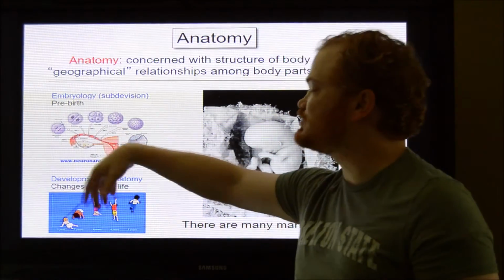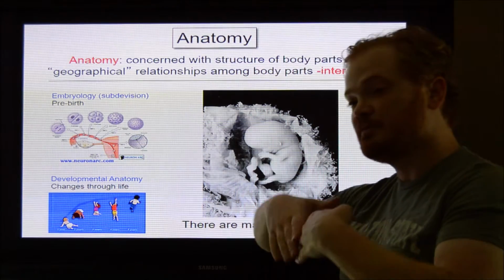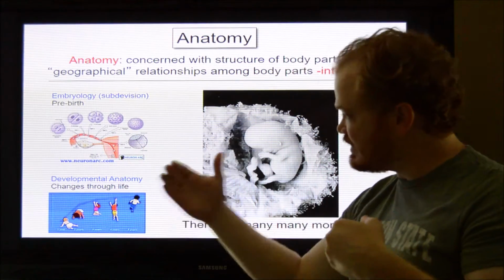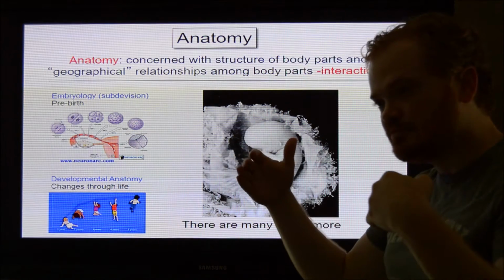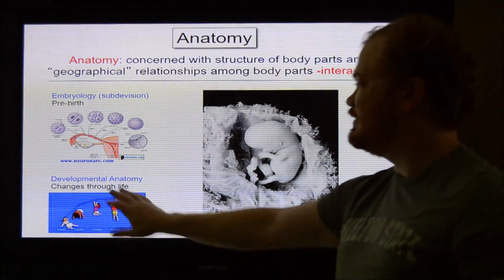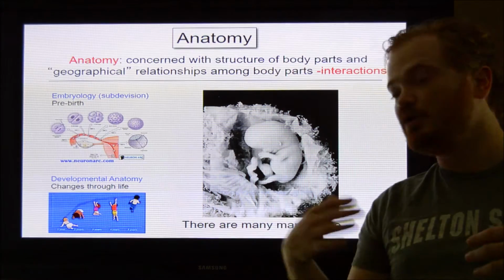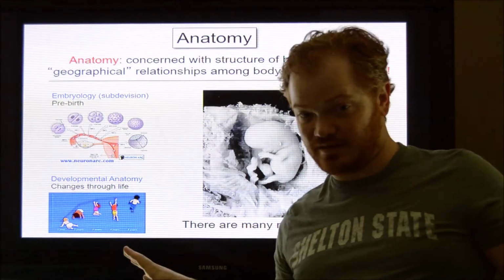So embryology would be looking at anatomical variations pre-birth, from fertilization to delivery, you might say, and developmental anatomy is how the body changes post-birth. All right, so there's lots of these.